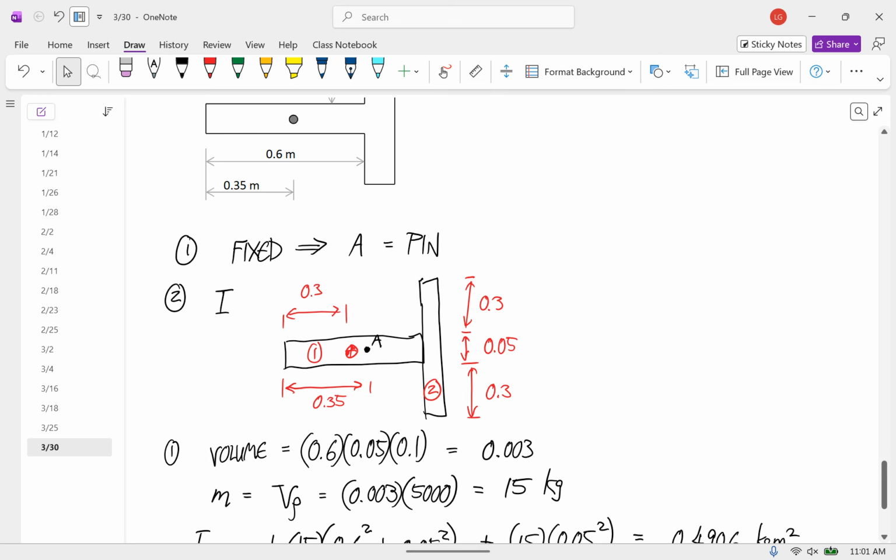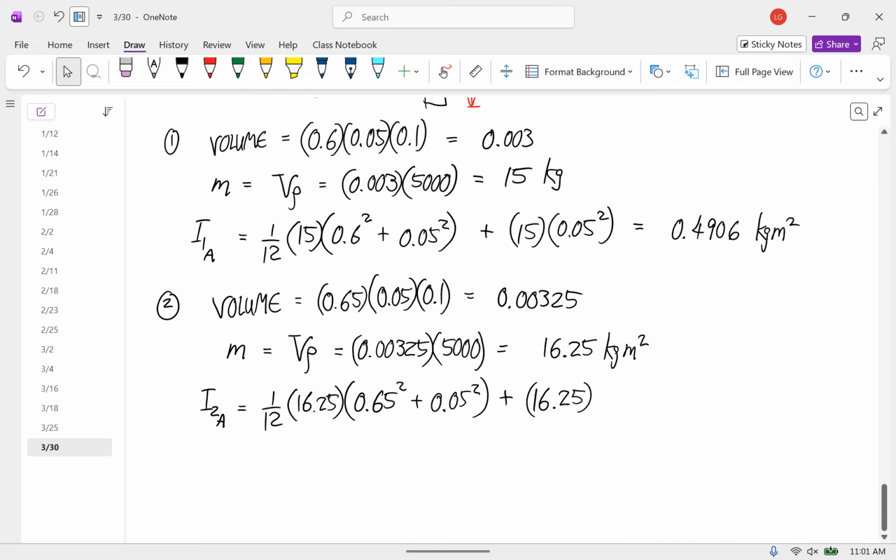And now we want the distance from the center of mass of this rectangle to A. So that is 0.25 plus 0.025, which is 0.275, I think.